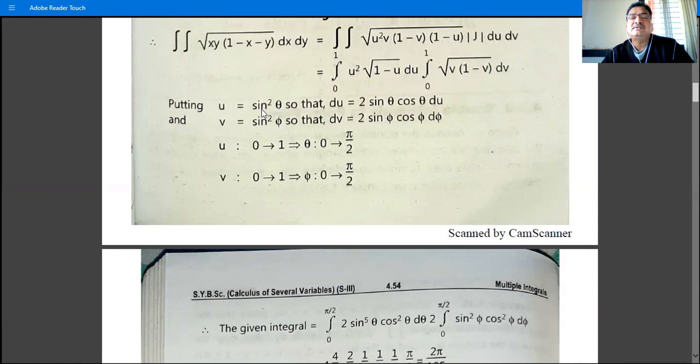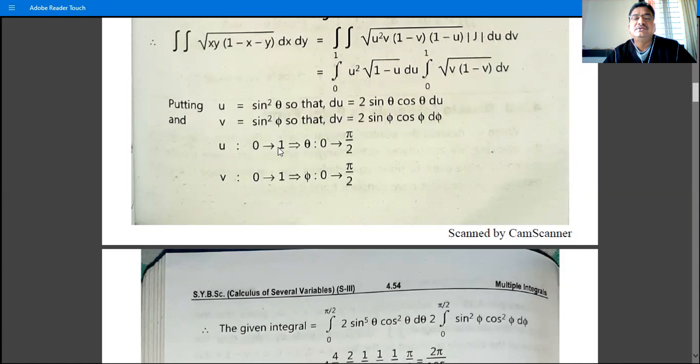Substitute u as sine square theta, and therefore du is 2 sine theta cos theta d theta for this integration, and v as sine square phi, therefore dv is 2 sine phi cos phi d phi. And then the limit of u runs from 0 to 1. So if u tends to 0, then theta tends to what?